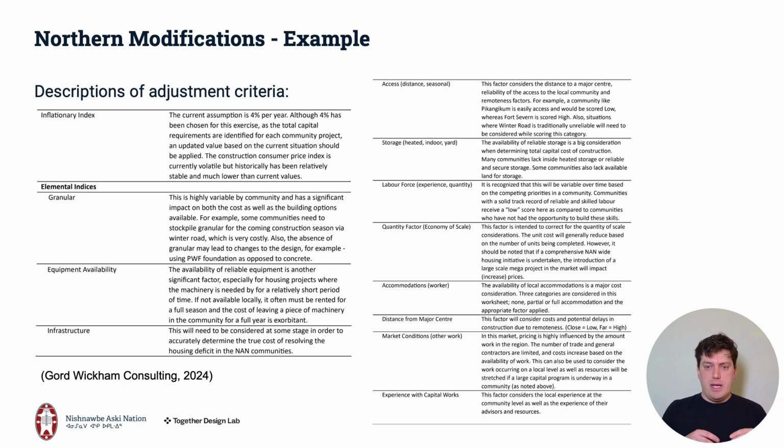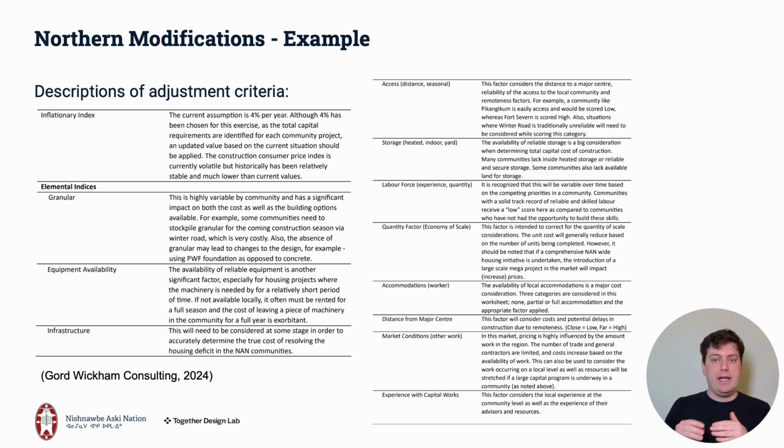And it's our understanding that each of these factors is going to raise or keep or lower the cost of a construction project, depending on the modification required to cost, based on your access to that particular factor.